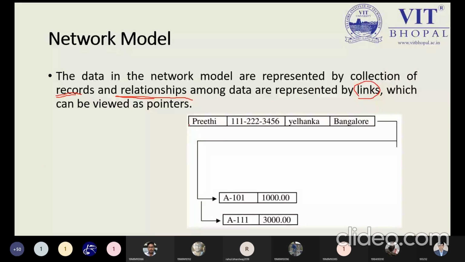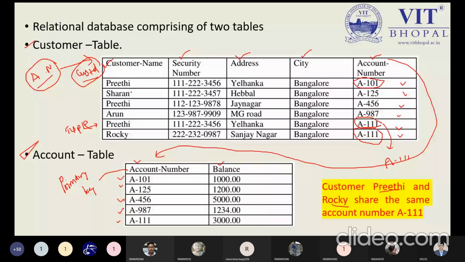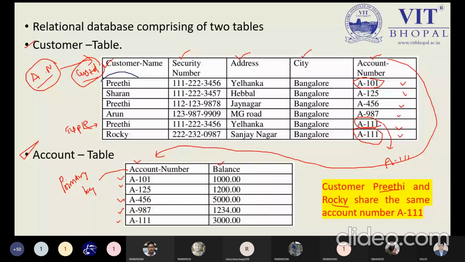Okay, now I'm just coming back to my previous slide. That's why I told you you have to remember the word. Now let me use a different one so you can understand. This Priti is a customer name. Keep in mind there are three records which belong to the customer name Priti.